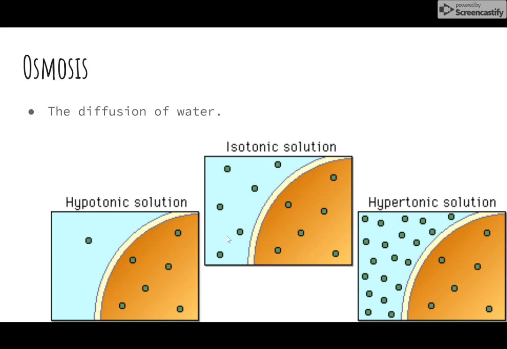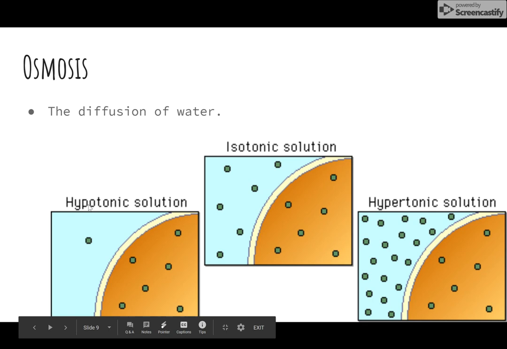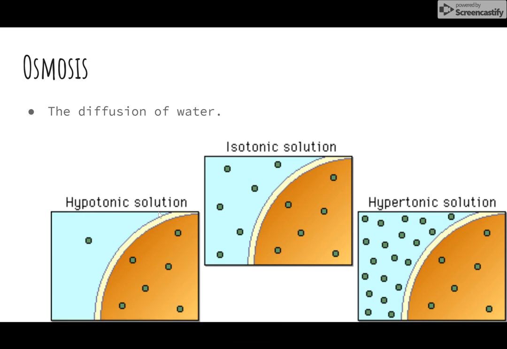Another way we move material around is with the diffusion of water, or osmosis. When we're talking about osmosis, we're looking at three different things specifically: the different types of solutions, hypotonic, isotonic, and hypertonic. I like to remember these because of their prefixes.